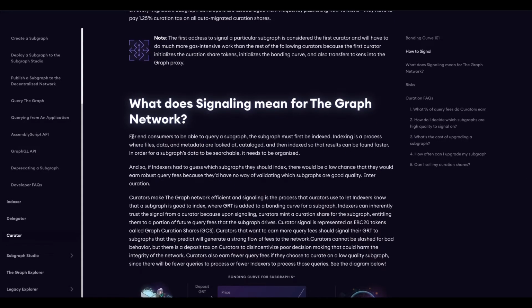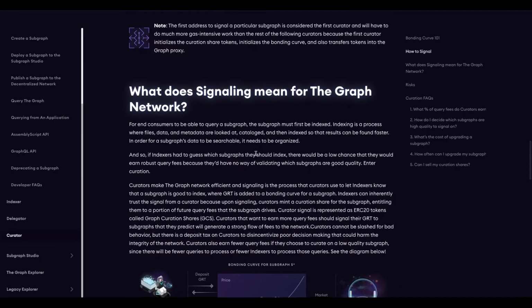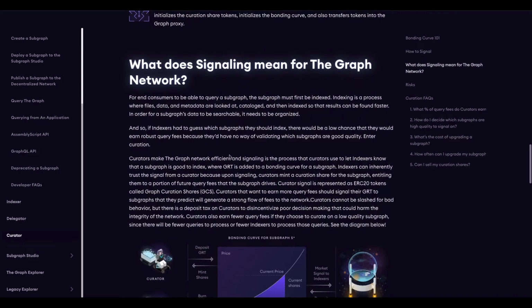So, for any consumers to be able to query a subgraph, the graph must first be indexed. And indexing is a process, of course, where data is organized and can be queried and found faster. Basically, signaling a subgraph means that a curator is searching for subgraphs that are good quality and deserve to be indexed on the GRT protocol.